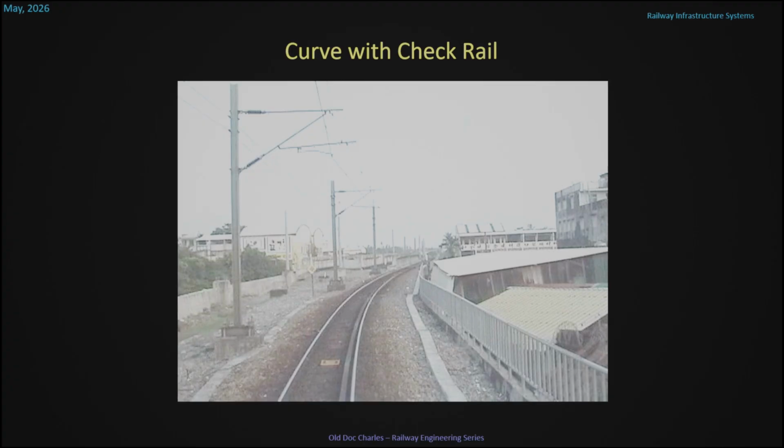So here's a curve, and you can see the check rail there. It's just inside the inner rail, and that's there because when the train goes round the curve, the back of the wheel will bear against the check rail and stop undue force on the outer rail.